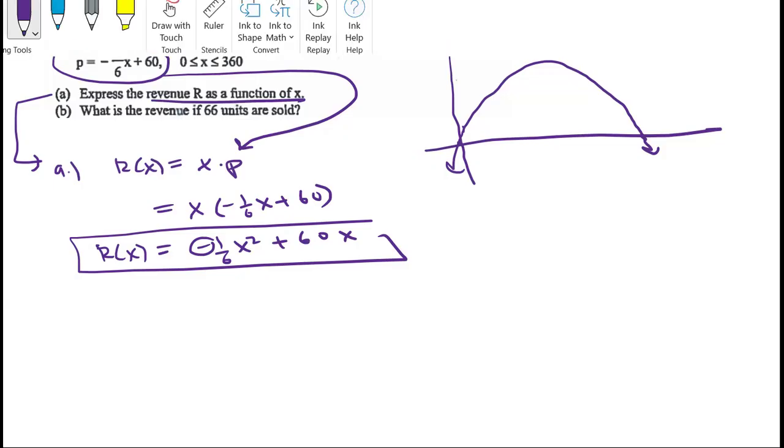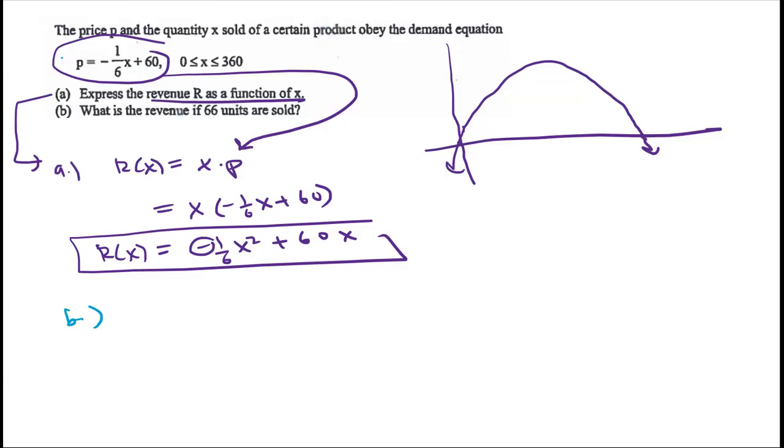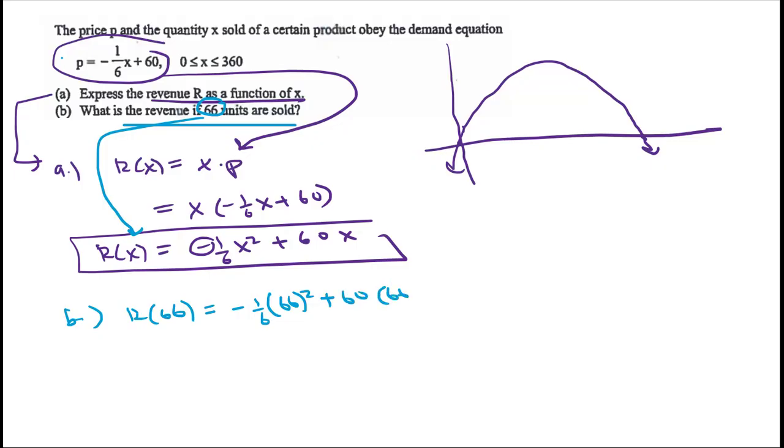Okay, so now part B is asking what is the revenue if 66 units are sold. Basically we're going to plug in 66 for x. So R of 66 is equal to negative 16 times 66 squared plus 60 times 66.